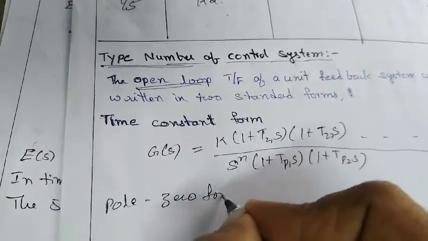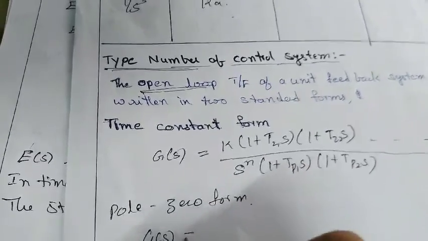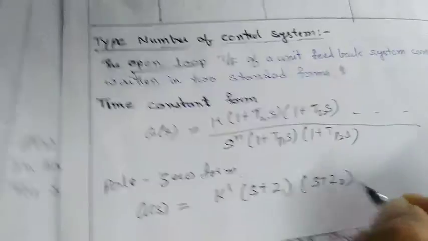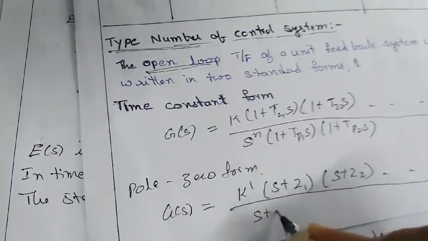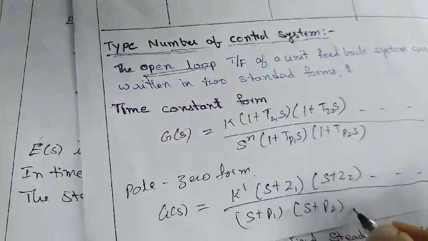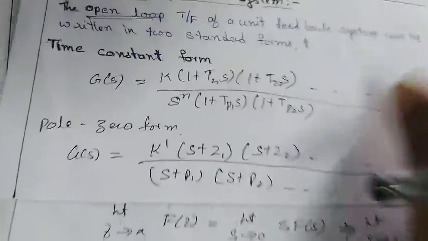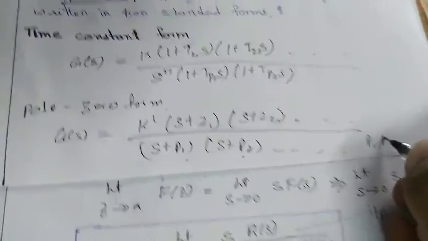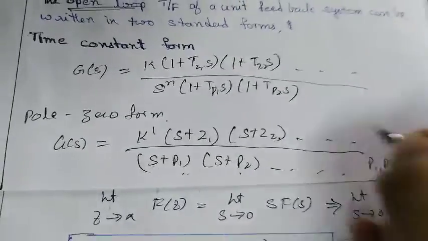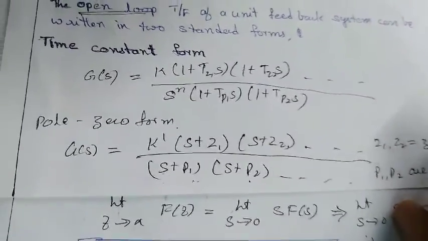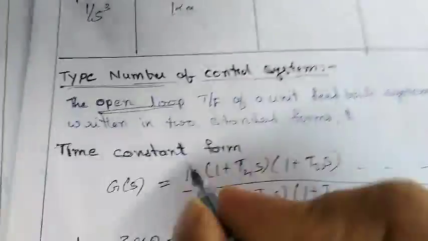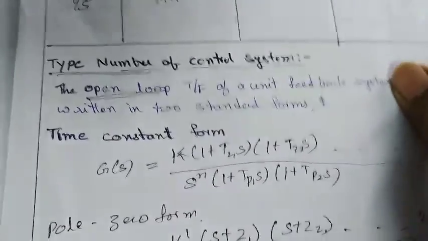In pole zero form, g of s is given as K dash into (s plus z1)(s plus z2) and so on, divided by (s plus p1)(s plus p2) and so on, where z1, z2 are the factors of the numerator and are called zeros, and the denominator factors s plus p1, p2, these p1, p2 are called poles. If I take z1, z2 out as common, I get the K value in the time constant form.